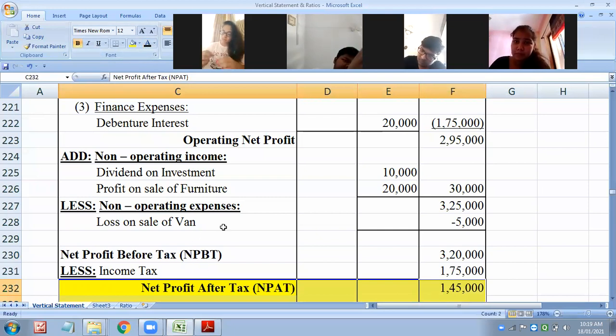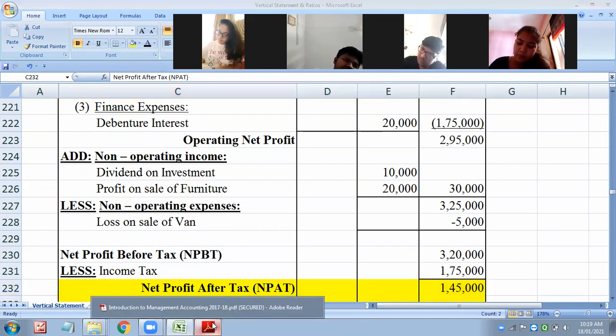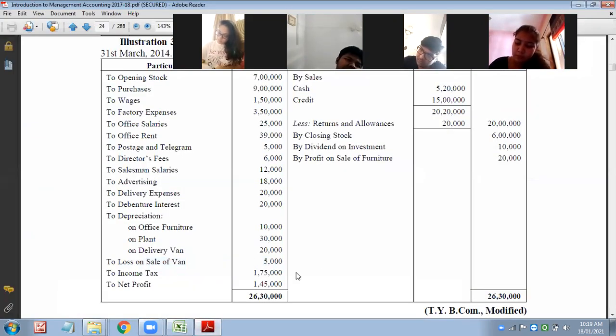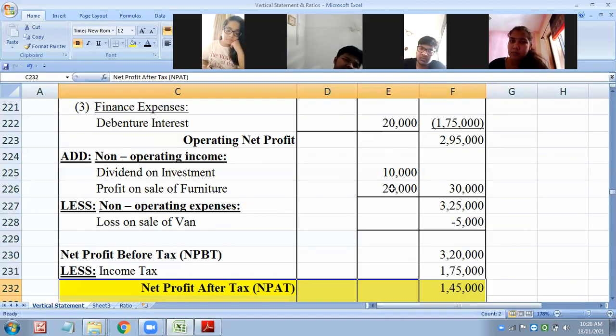So finally, there is no difference between the answer in the book and what we have calculated. We also get the same answer, 145. The presentation is totally different, which is expected at higher-level management. I hope things are clear to you all.